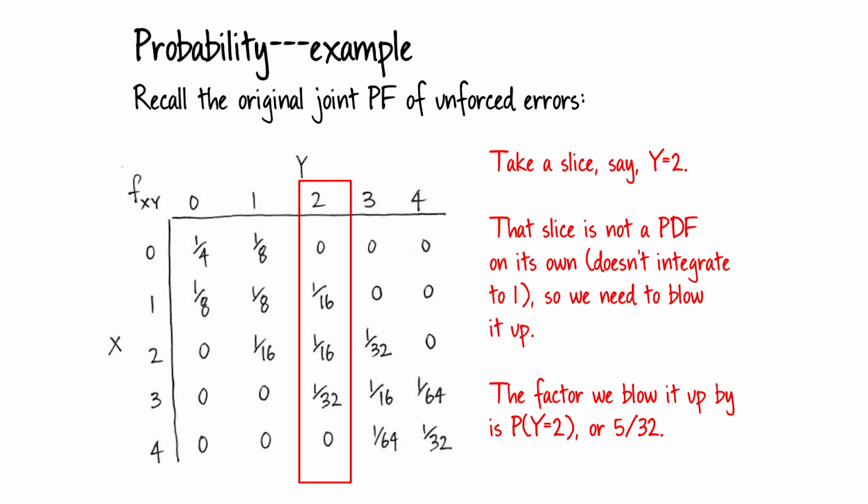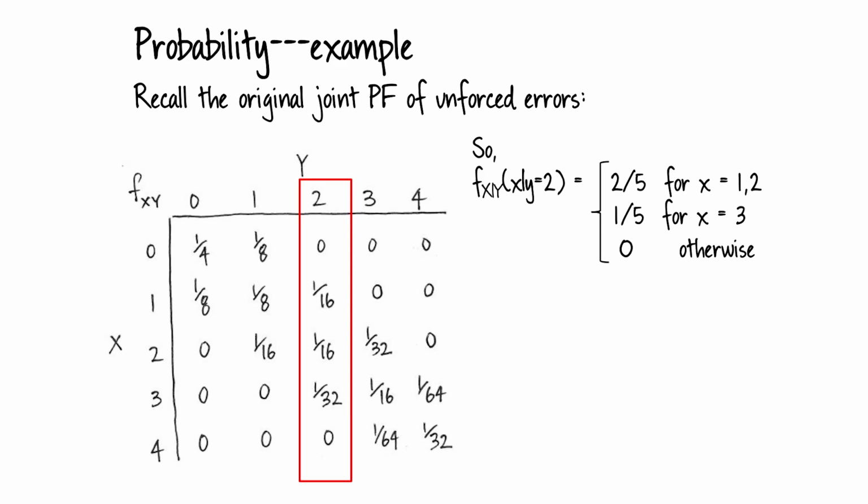That's the factor we divide all of these probabilities by so that they sum to 1. So here we have it. Once we've divided by that factor, the conditional distribution of x given y equals 2 is 2/5 for x equals 1 or 2, and 1/5 for x equals 3, and 0 otherwise.